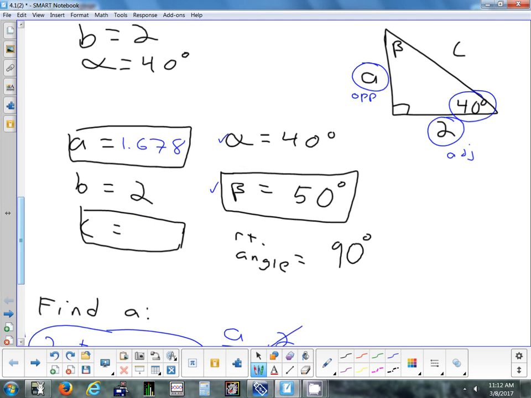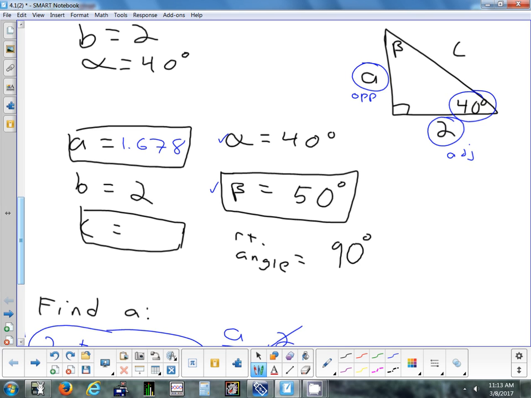It could be a good idea, but you found A, so that's something you found, so it's not completely reliable. Right. If you use the Pythagorean theorem, you're relying on the fact that A is correct. If you made a mistake finding A, you're going to get C wrong.